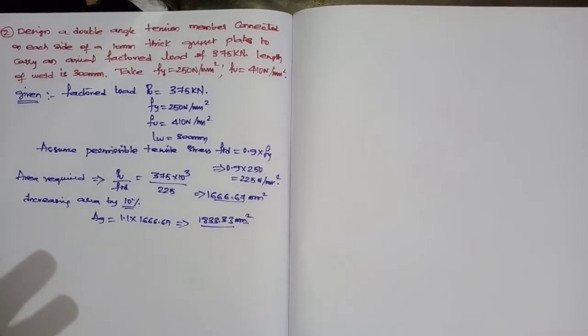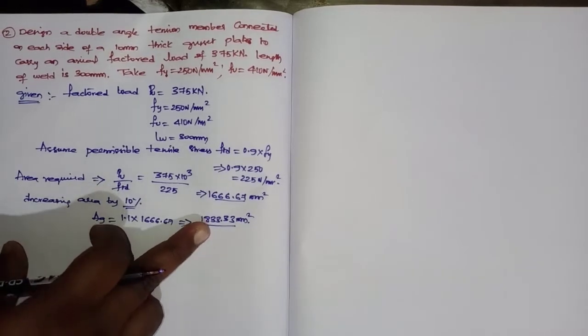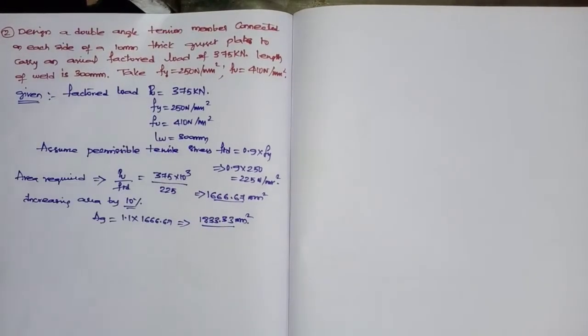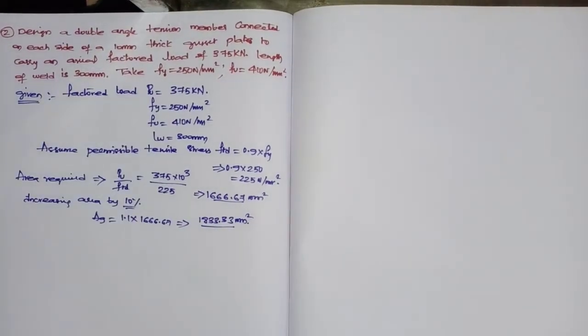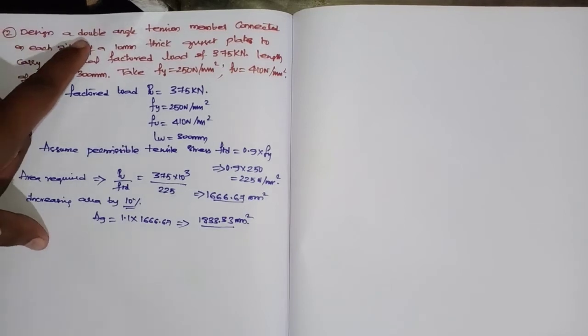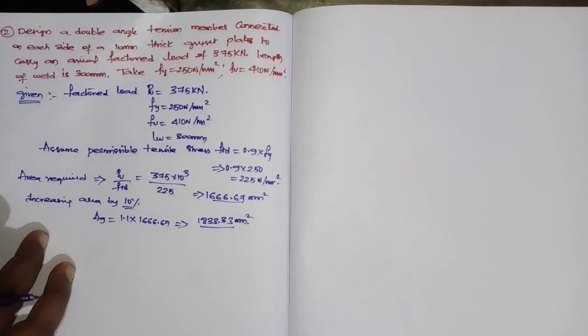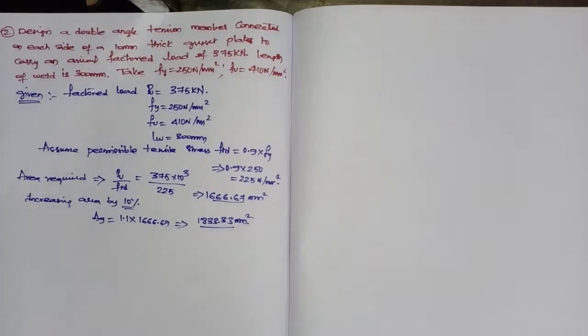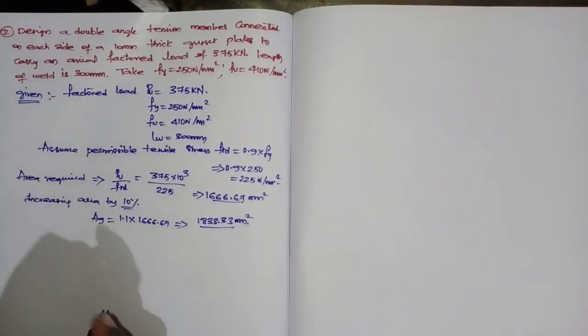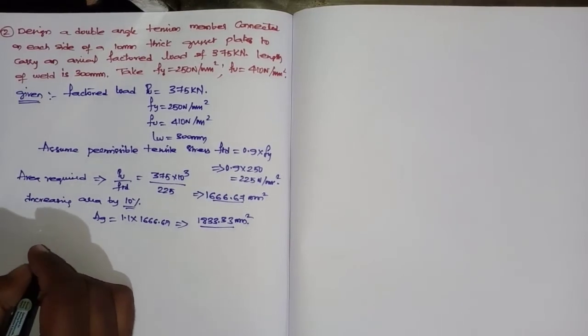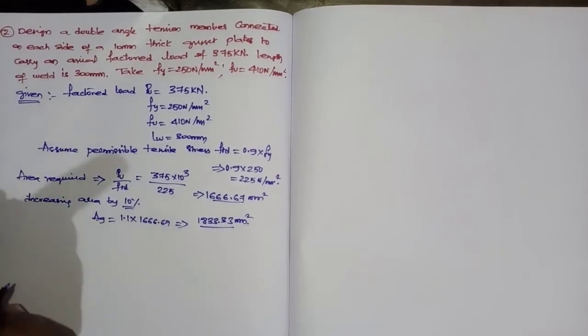Now see here, this is the area required to bear this load, but they have mentioned clearly design a double angle tension member, right? So in the steel table, that is SP6, you won't have the double angle areas. You will be having only area for single angle. Now you have to choose each single angle and connect it on either side.